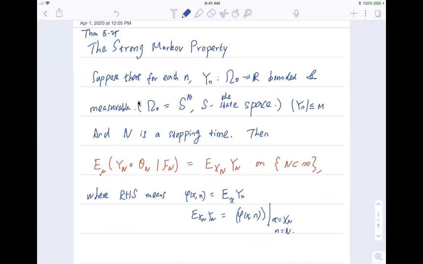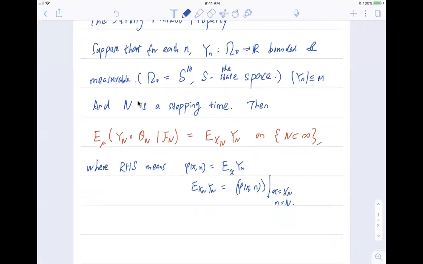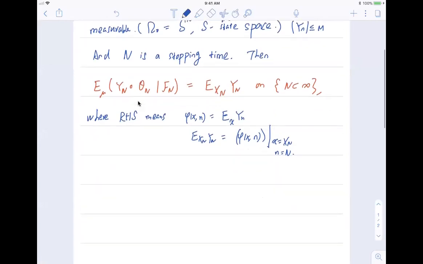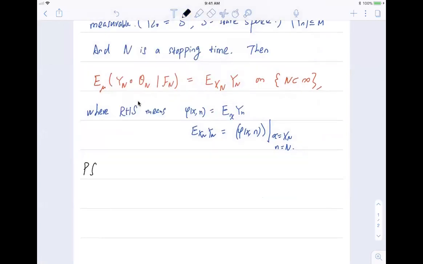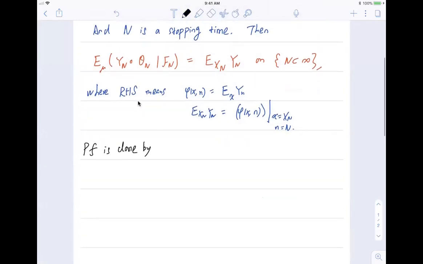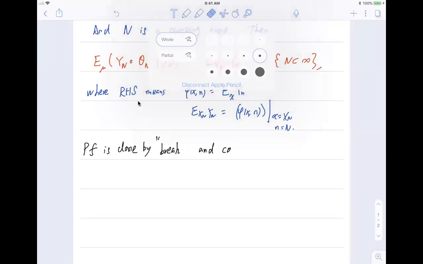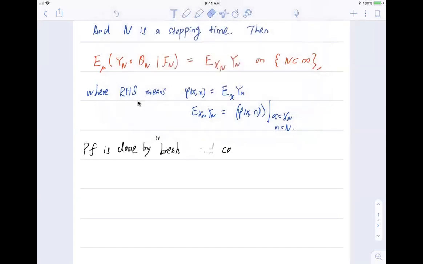I will skip the proof because it is basically done by the break and conquer technique.